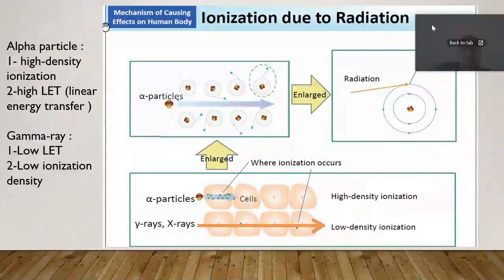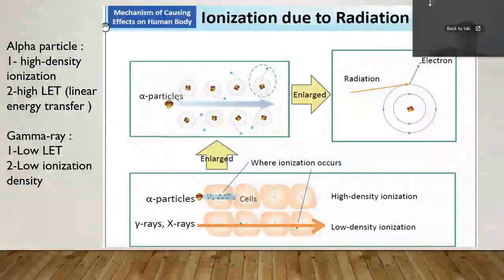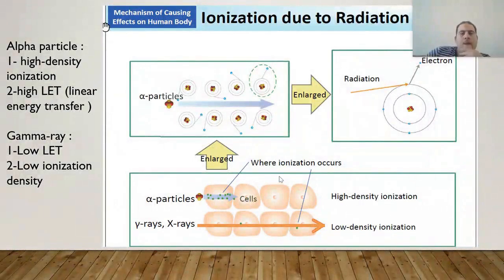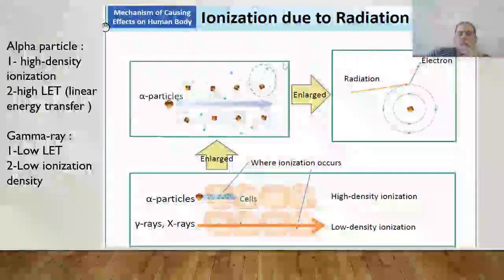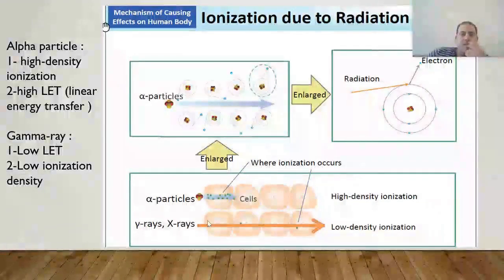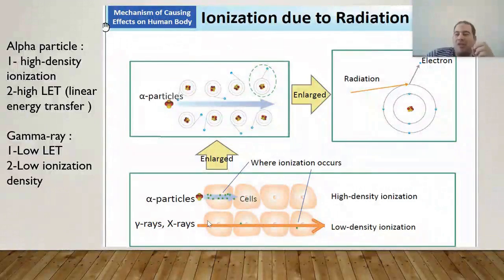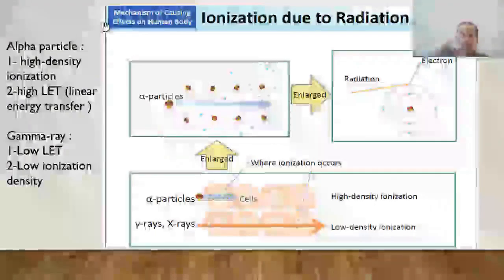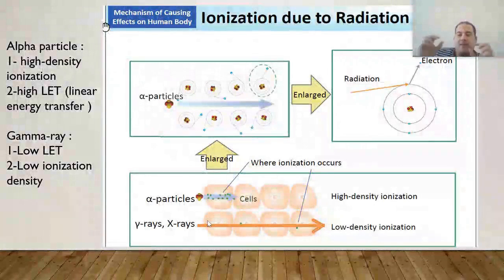Okay, if I have a group of cells, and this group has been exposed to alpha particles, or to X-rays and gamma rays, the alpha particles are considered high-density particles, with something called high linear energy transfer. Linear energy transfer means the amount of energy lost over a distance, for example, in 1 centimeter, which is very significant compared to X-rays and gamma rays.